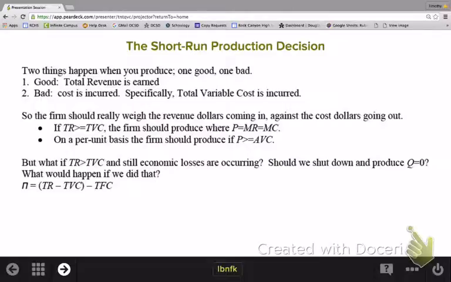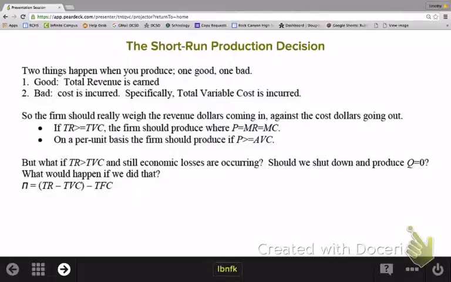Specifically, total variable cost is incurred. The more you produce, the higher your variable cost. The less you produce, the lower your variable cost. But you are always going to have fixed cost. So the firm should really weigh the revenue dollars coming in against the cost dollars going out.